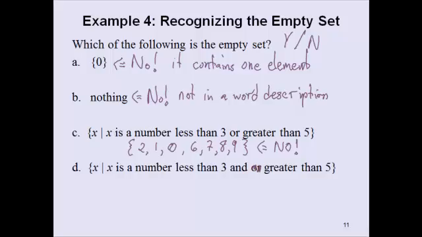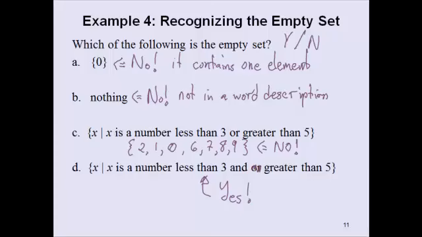We're looking at, again, numbers like 2, 1, and 0, and greater than 5, right? 6 is not less than 3, 7 is not less than 3, and so this is going to be an empty set. So this one right here is the only one that gets the yes, because it has no values in it, just like the set of all female presidents of the United States.